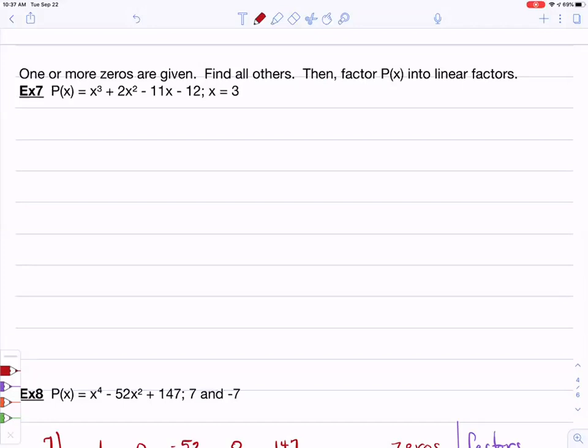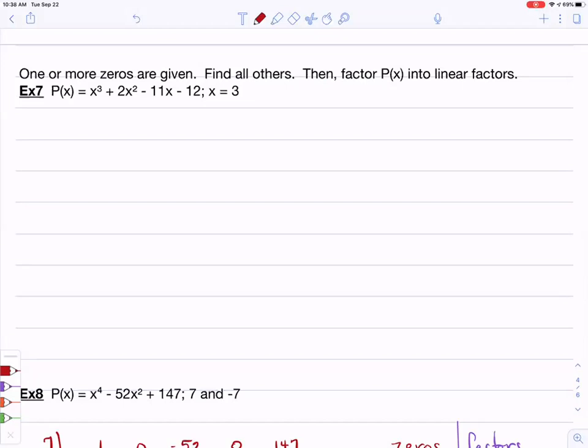Okay, so one or more zeros are given. And by the way, guys, if I give you a zero, I'm not going to lie about it. It really is a zero. Okay, so there's a couple of steps on this one. If you are given a zero, step number one, prove it. I'm not going to be telling you a lie, but you still have to prove it.